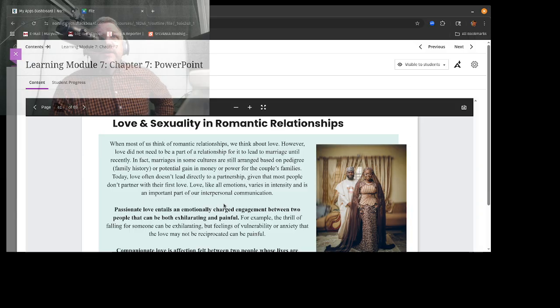Love and sexuality and romantic relationships. When we think about romantic relationships, we think about love. However, love did not need to be a part of a relationship for it to lead to marriage until fairly recently. Think about it. Even when we think about people in royalty, they tended to marry because of social status, similar power structures, what the other spouse could bring to the table to help the country from which that person was from.